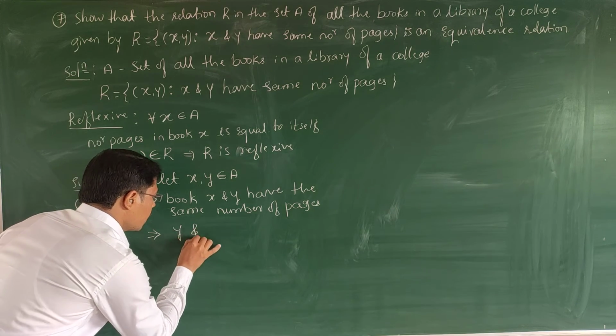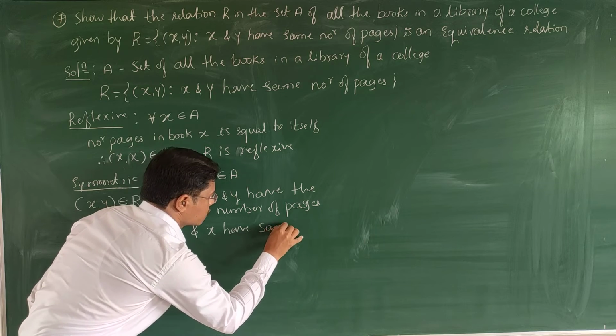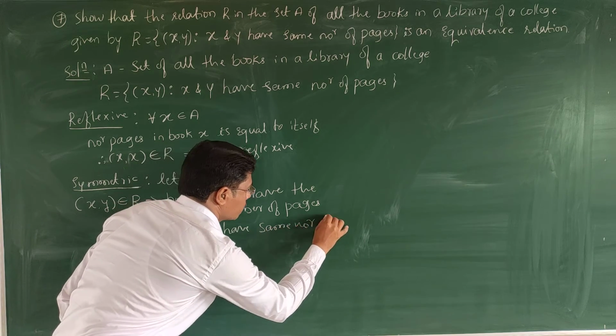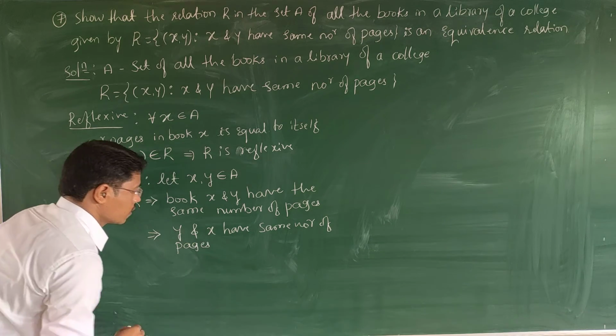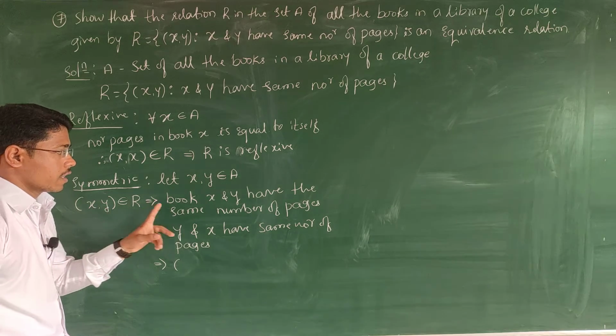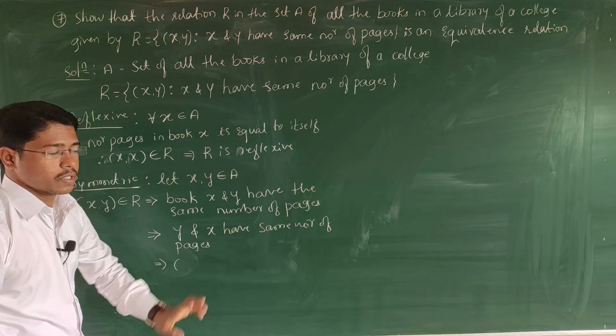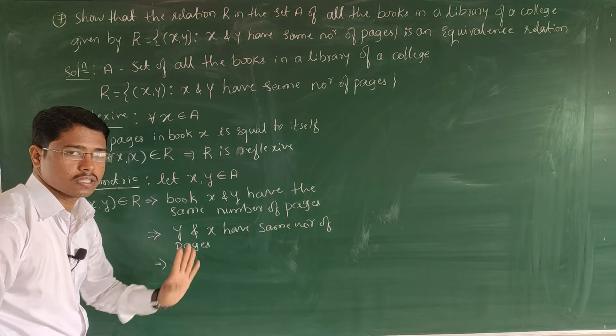Y and X have the same number of pages. It means X, Y means X and Y have the same number of pages, and we write the reverse sentence: Y and X have the same number of pages.